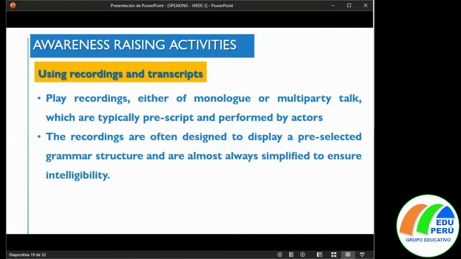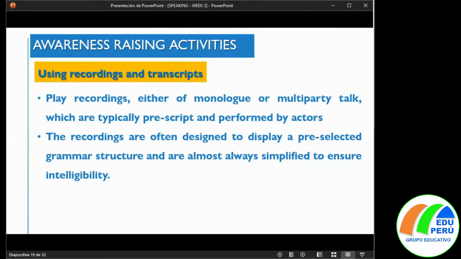So the recordings are often designed to display a pre-selected grammar structure and are almost always simplified to ensure intelligibility. Notice here, the recordings are designed to display a pre-selected grammar structure. So remember, awareness is that they need to acquire this linguistic information, alright?